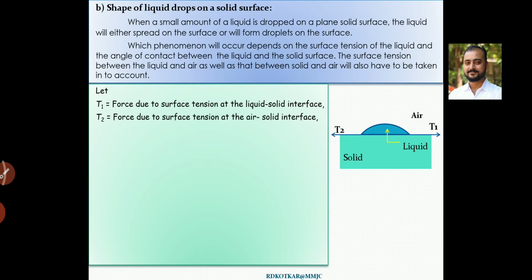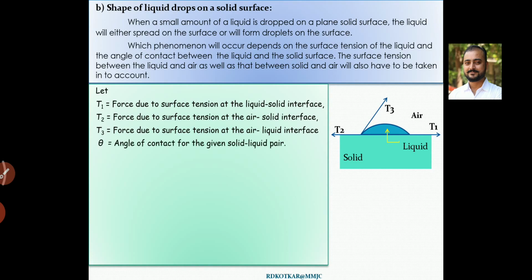Then next is the force due to the surface tension at the air-liquid interface. Where air and liquid are in contact, a third force is formed, that is T3, shown here like this, which is tangential to the liquid surface, and it is the surface tension between the liquid and air molecules.